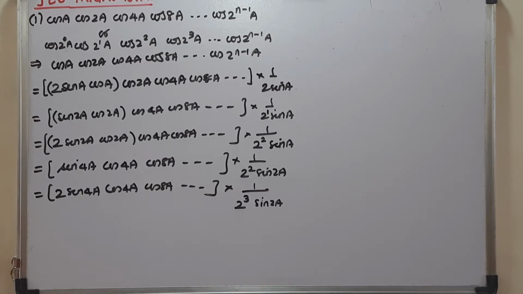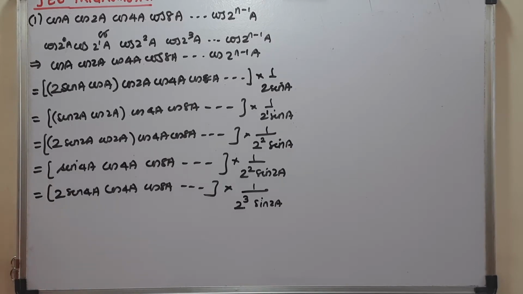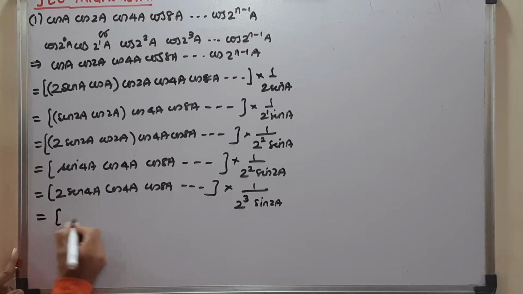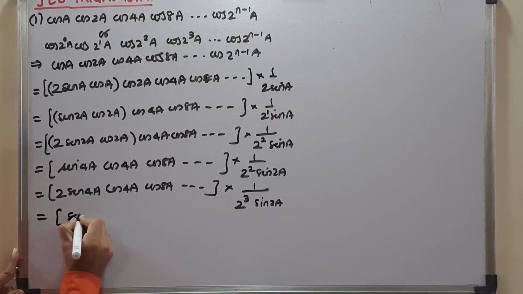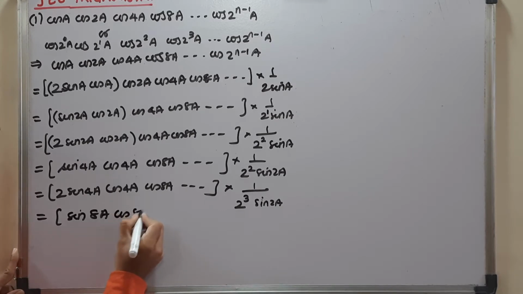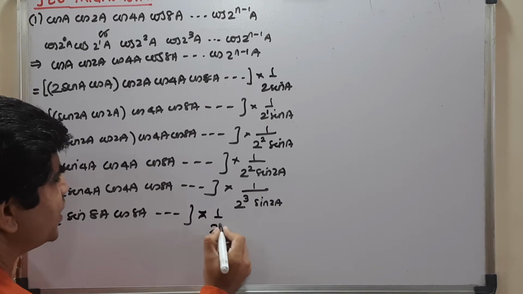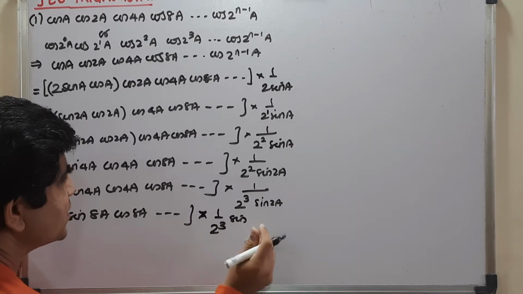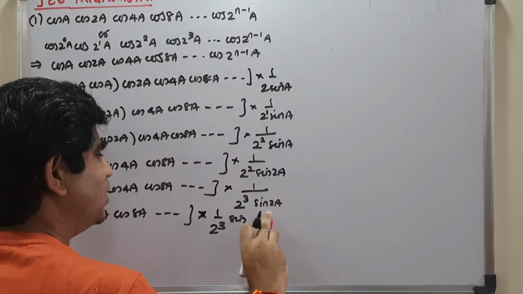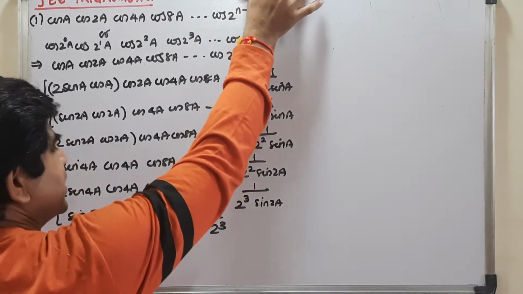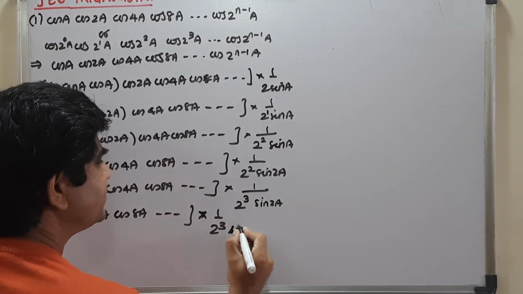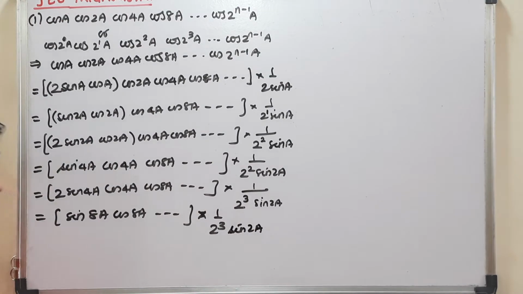So inside also if I write now, this main part I am writing here will become sin 8A cos 8A and so on, into 1 by 2 cube sin 2A.